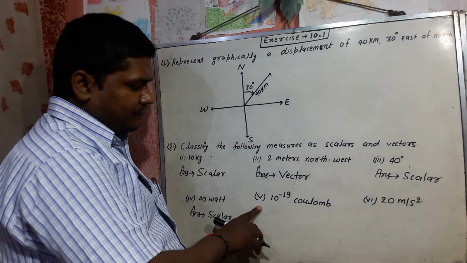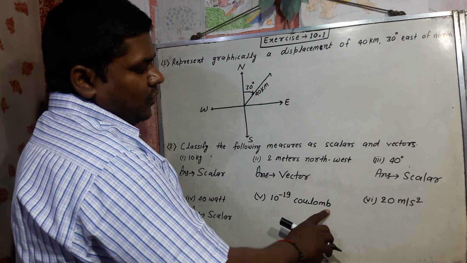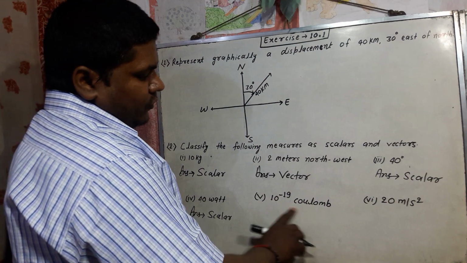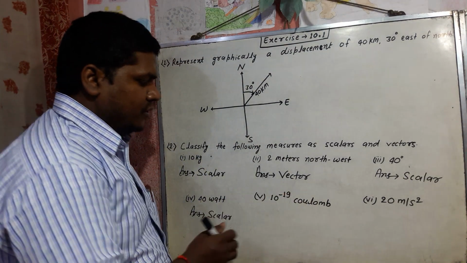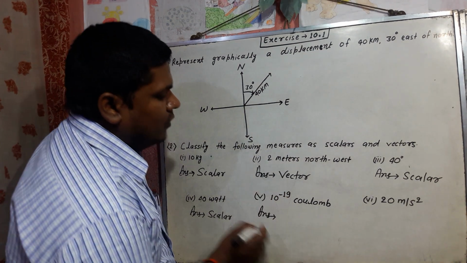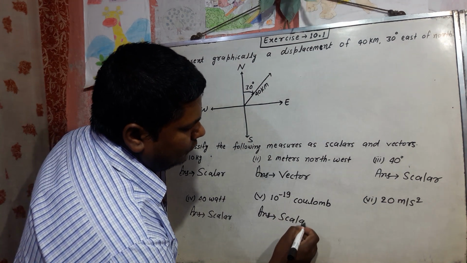Number 5, 10 to the power minus 19 coulomb. Here the given quantity has only magnitude, so it is a scalar quantity.